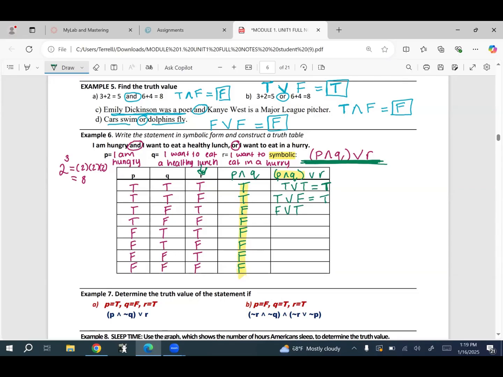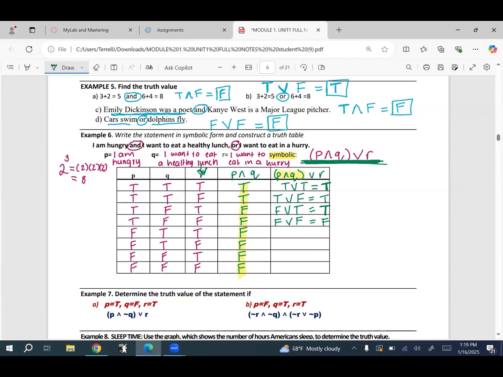R is true. False or true would be true. Next, P and Q is false, or false. What would false or false be? False or false is false.